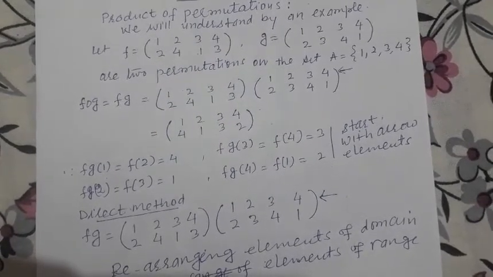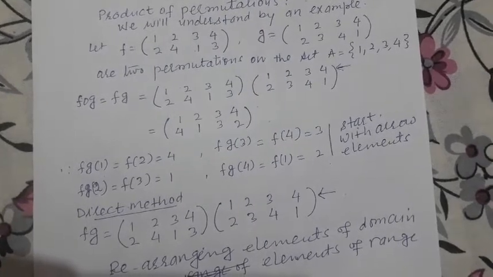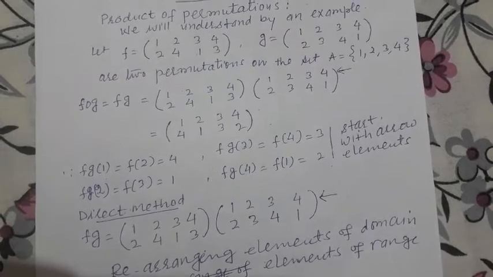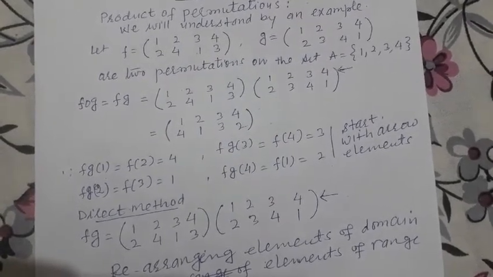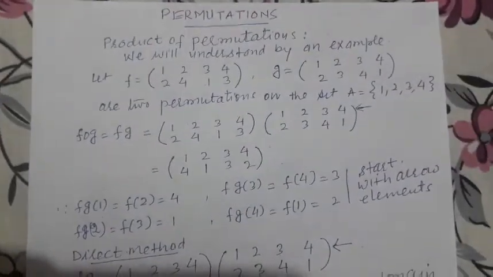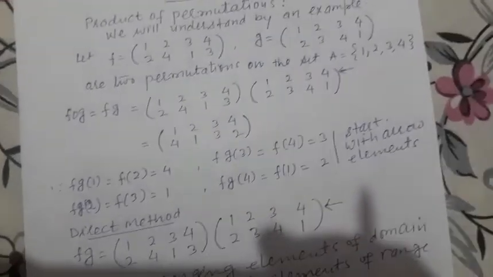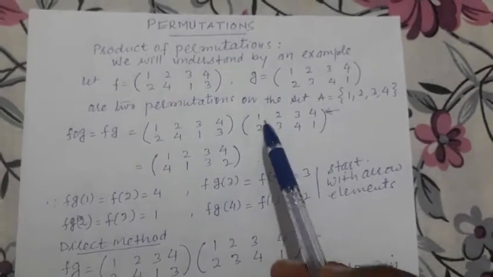Now we write g's first row elements 1, 2, 3, 4. Then we see the image.